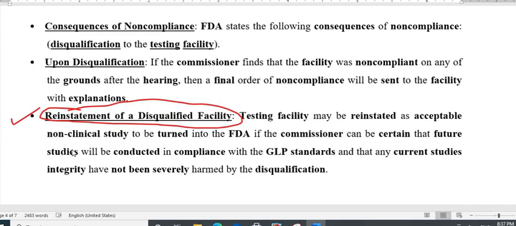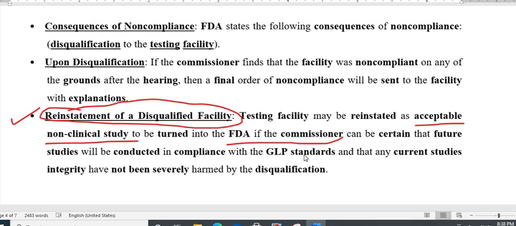Then, if the FDA thinks that reinstatement has to be done, the condition is that the test facility may be reinstated as acceptable for non-clinical studies if the FDA or the commissioner thinks that the lab will comply.